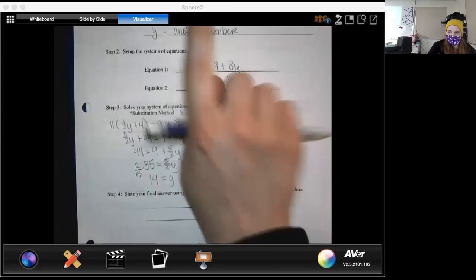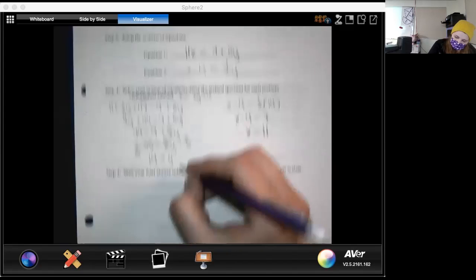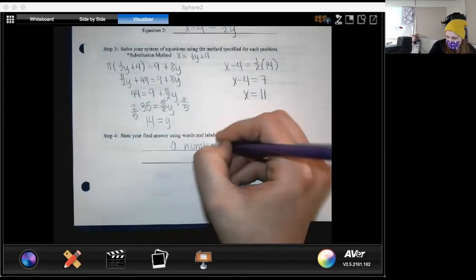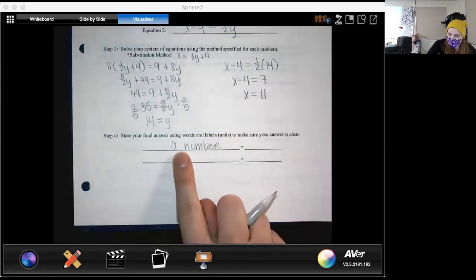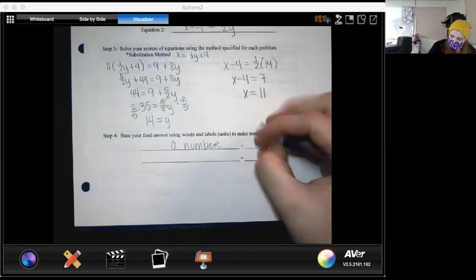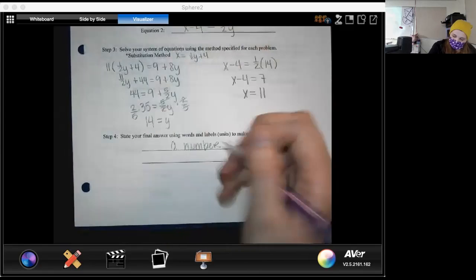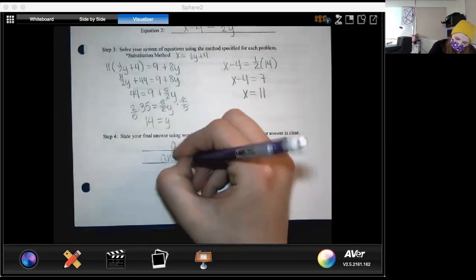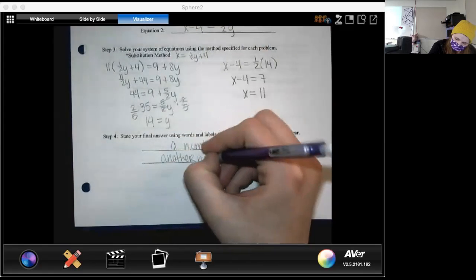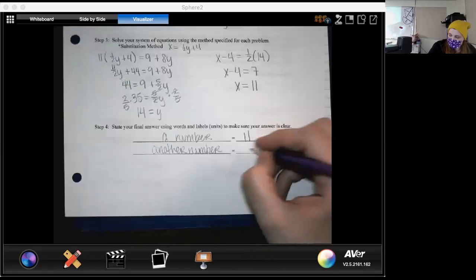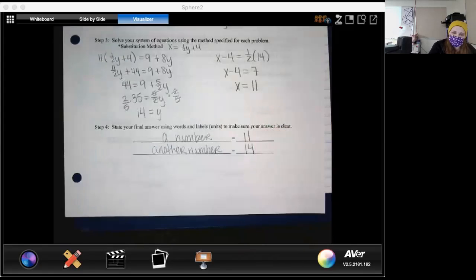So x equals a number, but rather than writing x the second time, we're going to write a number, because that was my first definition. And since x equals 11, a number is 11. And then my second definition was another number, or you could have said second number, and that is 14.